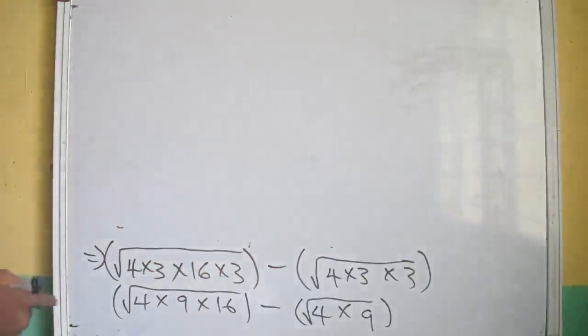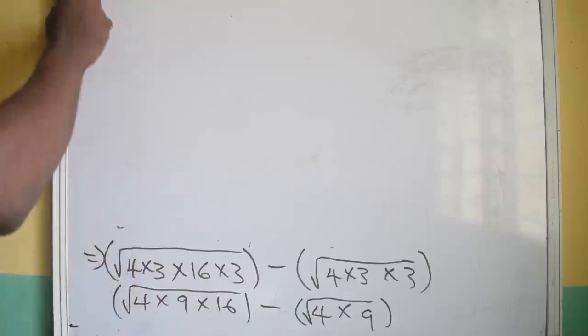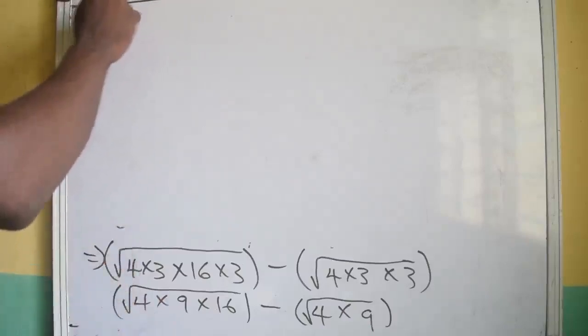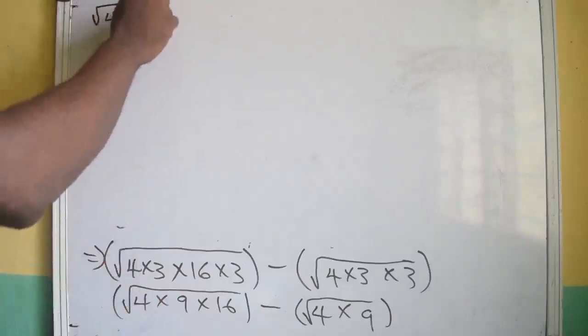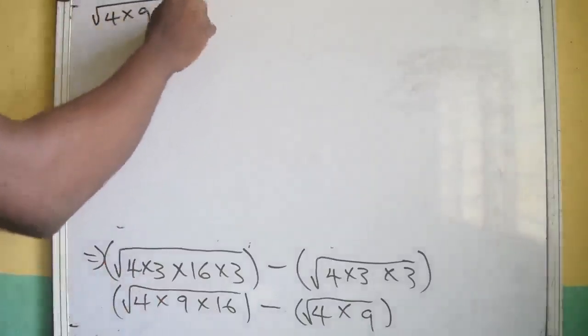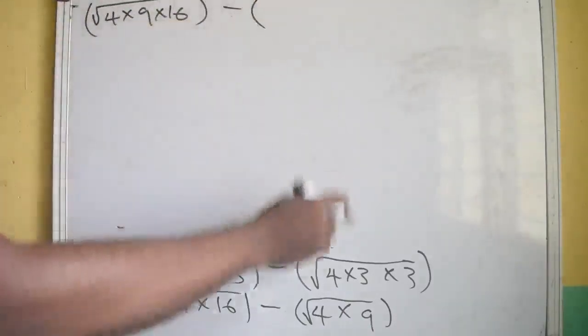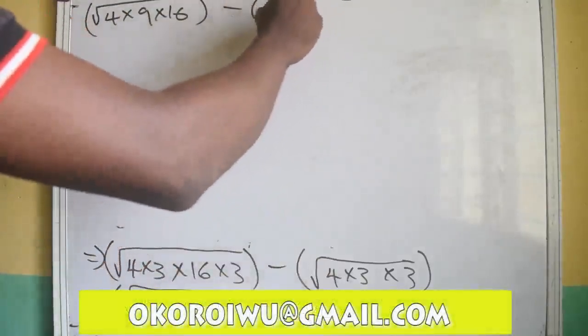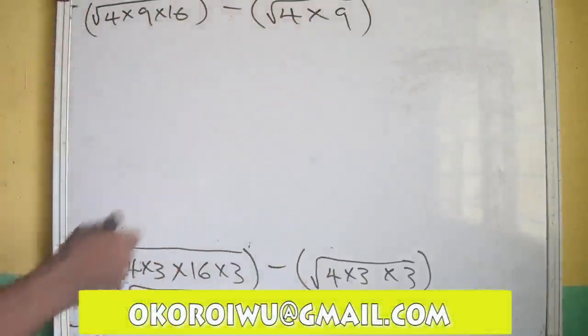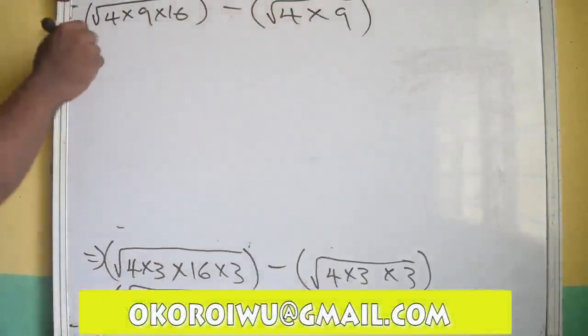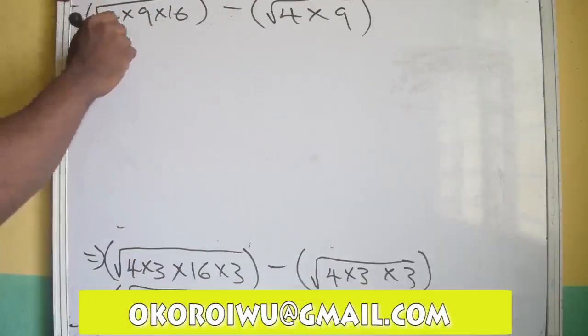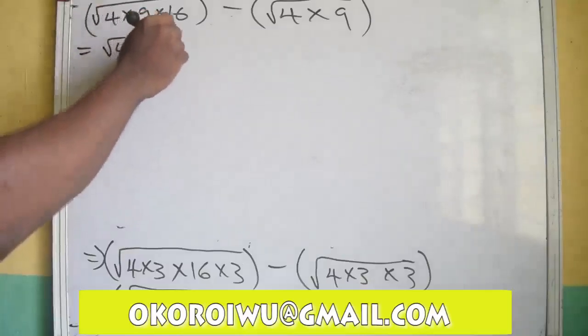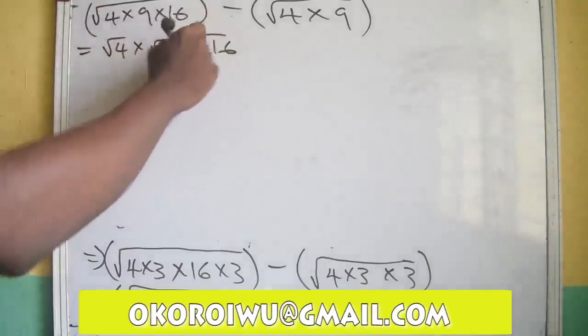We discover that this will be root of 4 times 9 times 16, everything in square roots, minus, we open another bracket, root of 4 multiplied by 9. So everything is something like root 4 multiplied by root 9 individually multiplied by root 16.